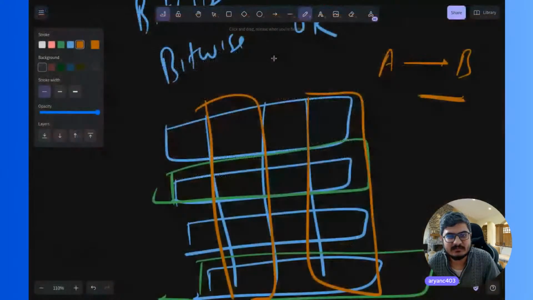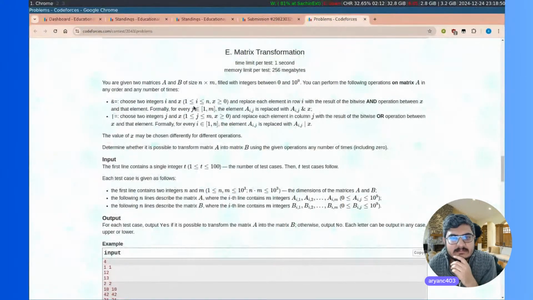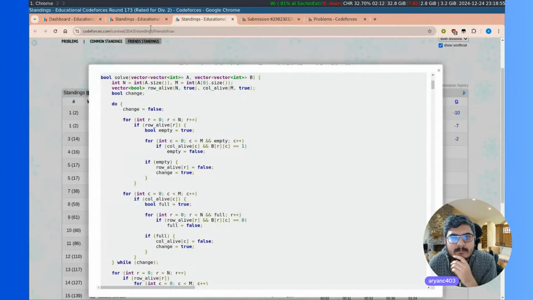Neil's solution looks more like simulation here. We see first we take AND with OR, right? A is the AND operator. So if some row exists and if the row is active, you just mark it as false. The active row means either the column is still alive or the value is 0 there.